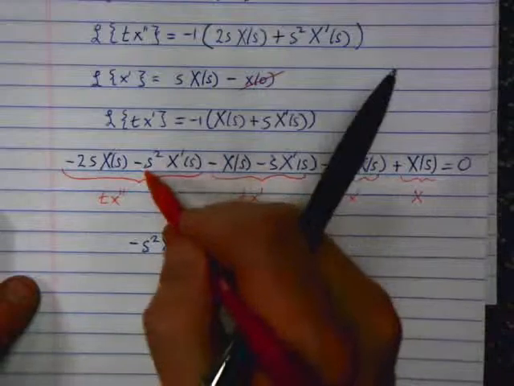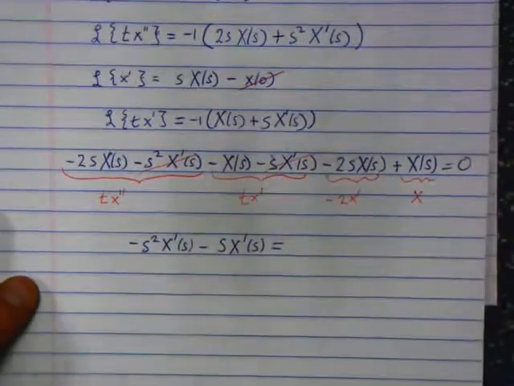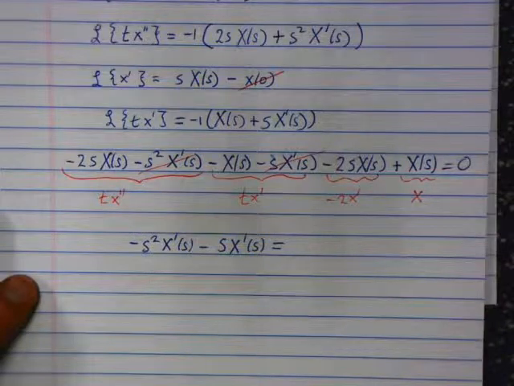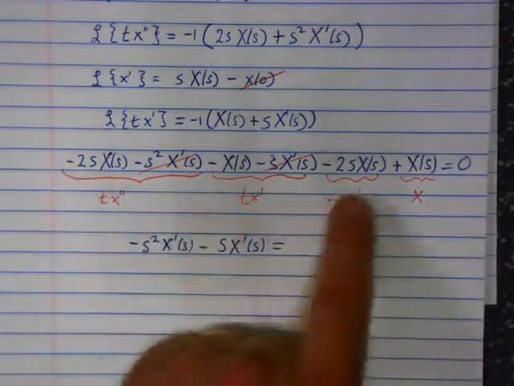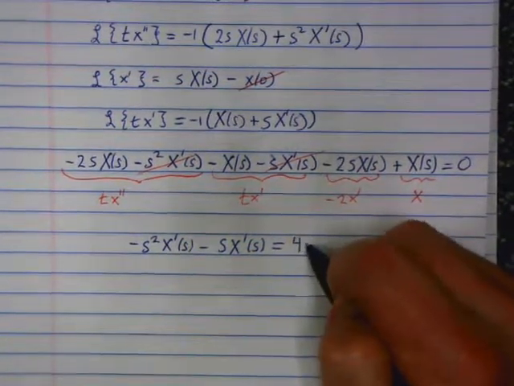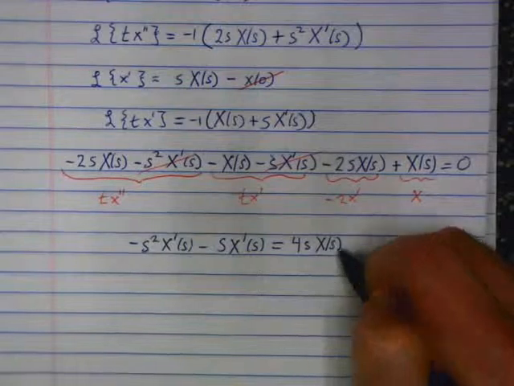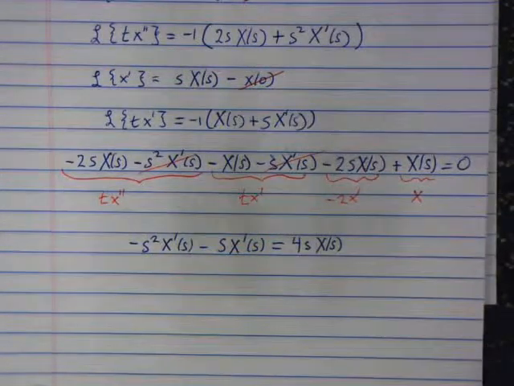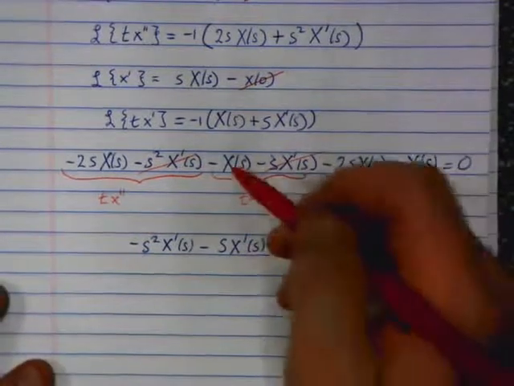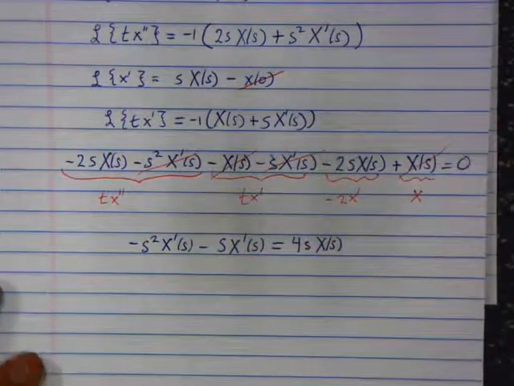I've got to cross them, so I use that one and that one. What do I have here? I have minus 4, so when I move it to the other side, it becomes a plus 4 x of s. And then these two reduce each other out, don't they?